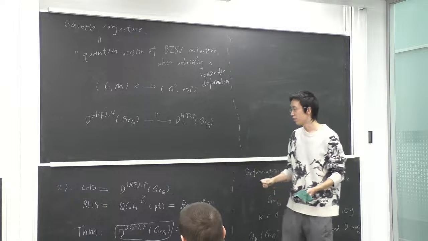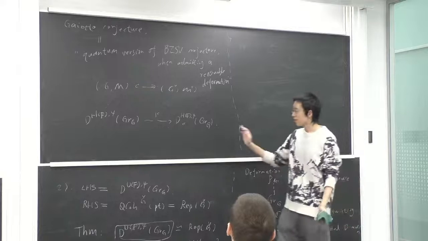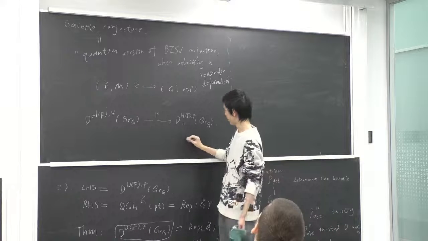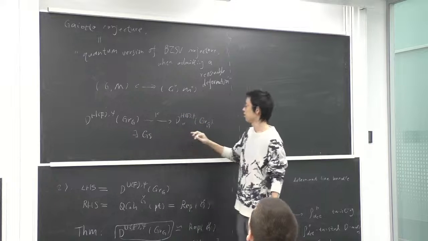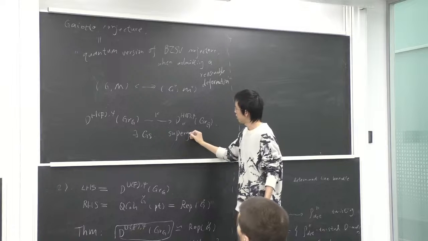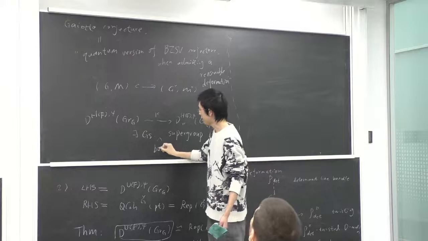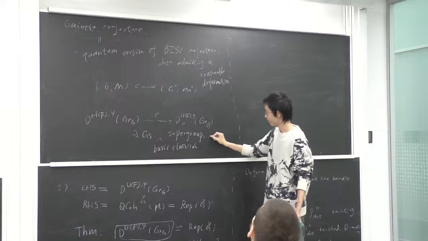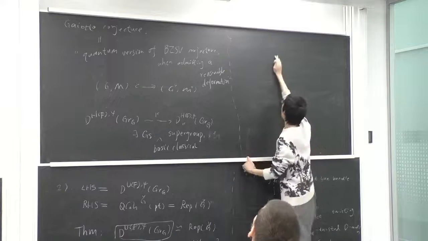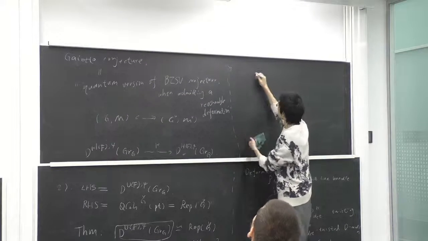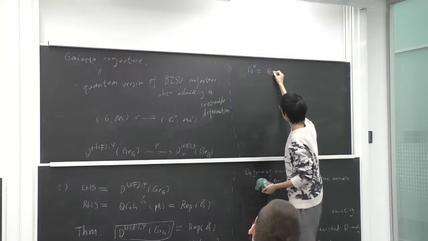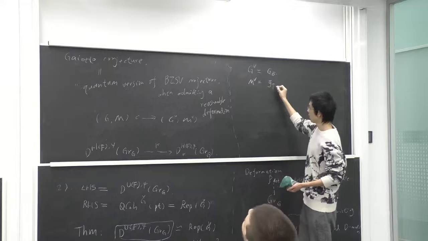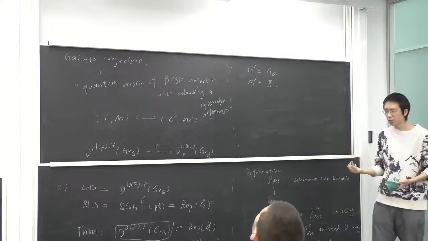To have such a good deformation, all the examples that we know which have a good deformation correspond to some basic classical supergroup GS such that G check is the even part of your GS, and M check is the odd part of the corresponding superalgebra.